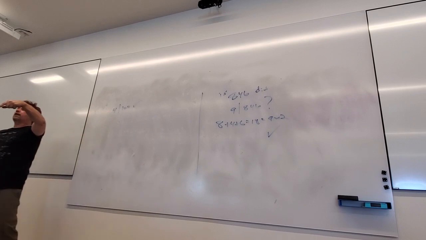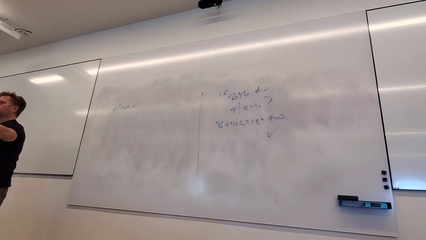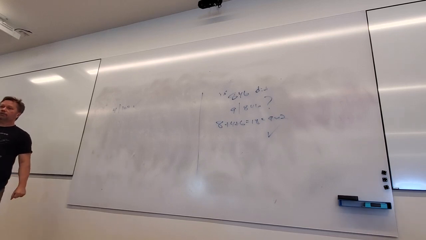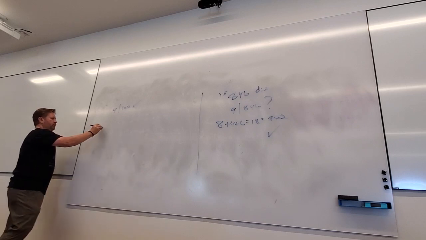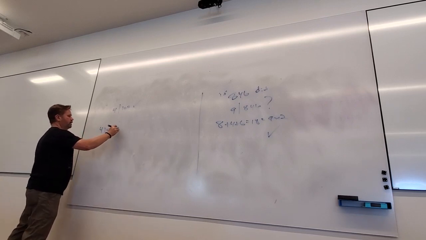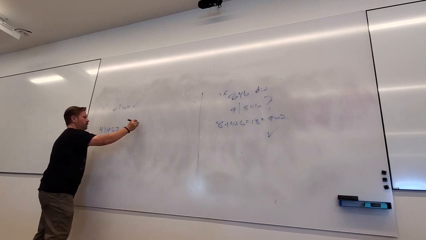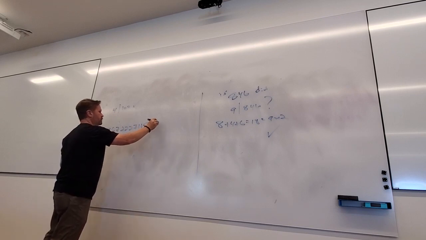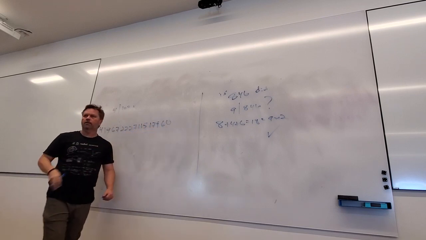So doesn't 4 divide 100 plus any multiple of 4? You guys all with me? If 4 goes into 100, then it must go into 112, because it goes into 112. Yes? What that means is, I don't care how big the number is. I'm just going to start writing numbers as they come to my mind. Here I am, just writing numbers. Please stop. Okay.